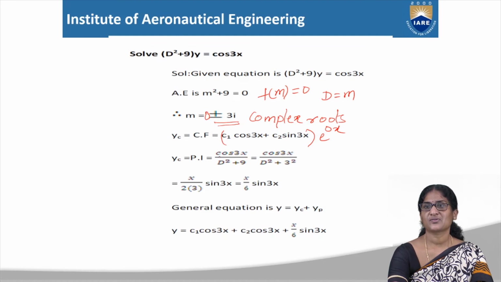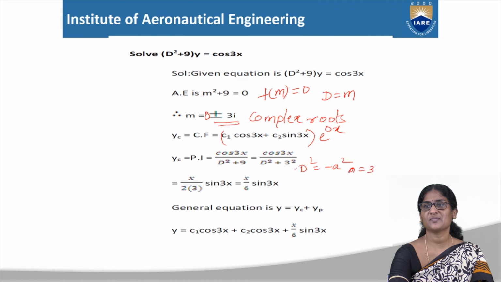And the particular integral can be written as cos 3x by d square plus 9, which is cos 3x by d square plus 3 square, since 9 can be written as 3 square. Now the usual procedure is to put d square equal to minus a square, where a is 3 here.